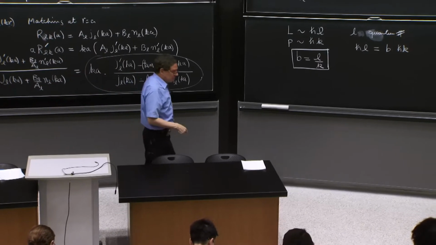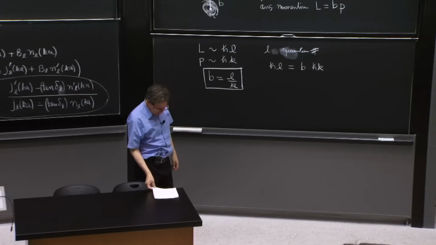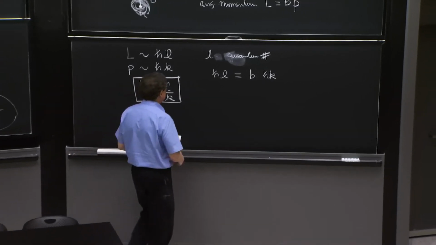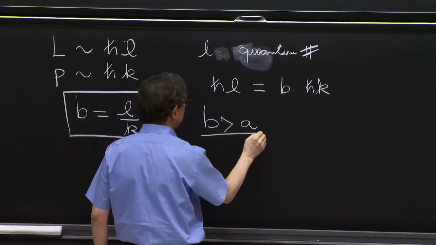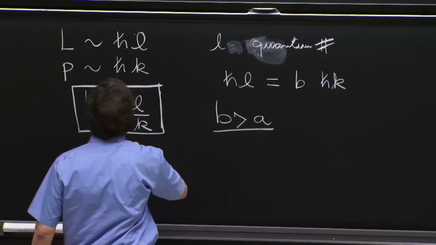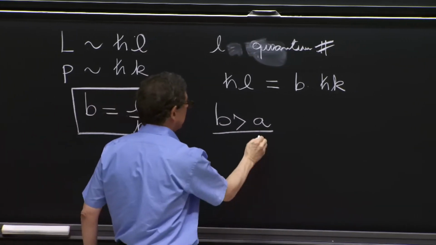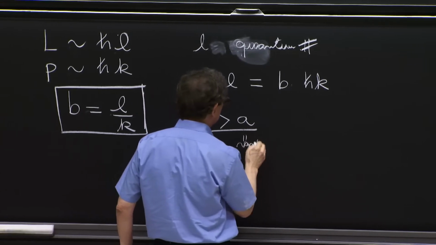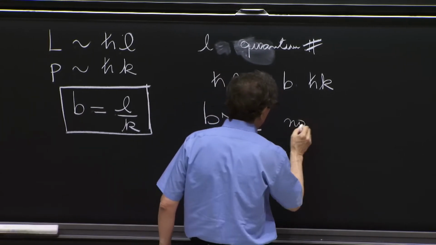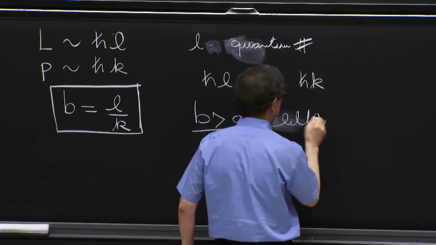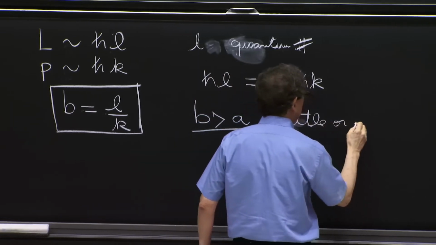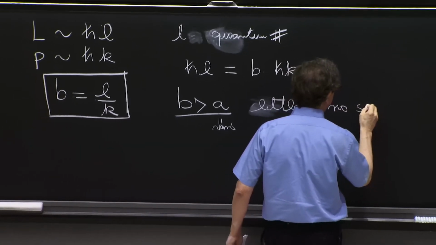And now, you can say, all right, if b is greater than a, where a is the range of the potential, there should be little or no scattering.